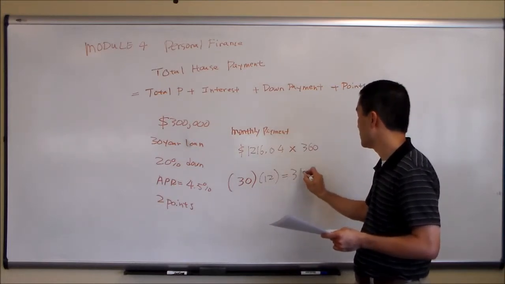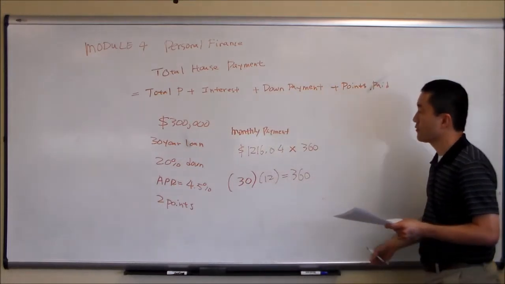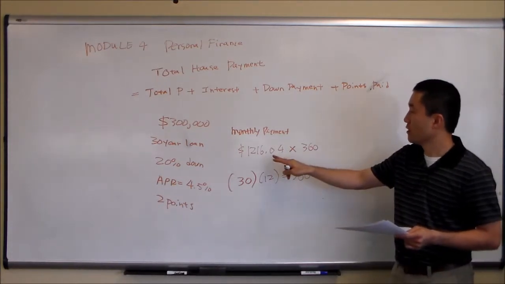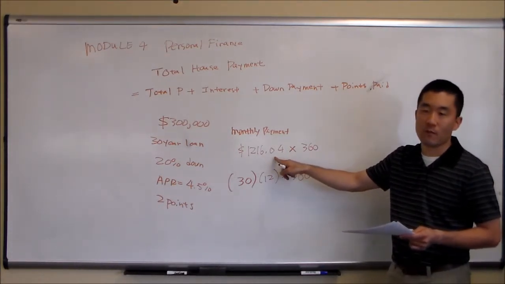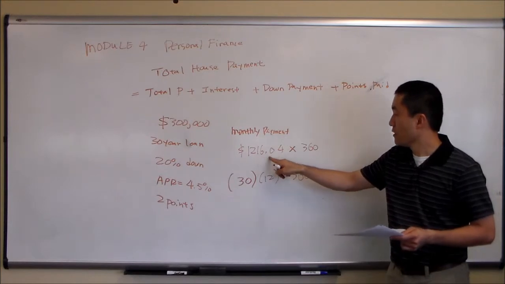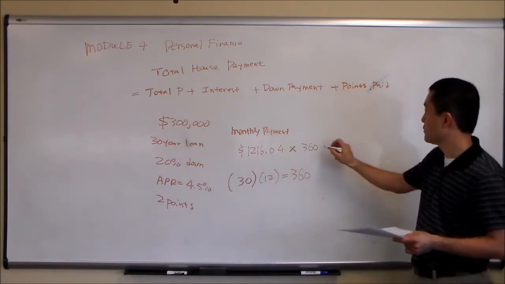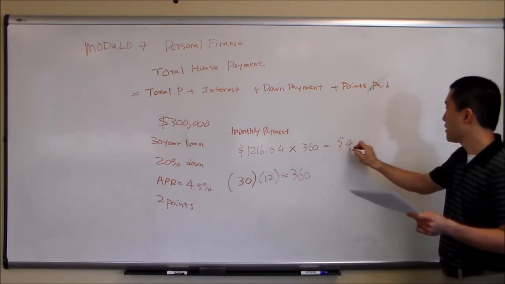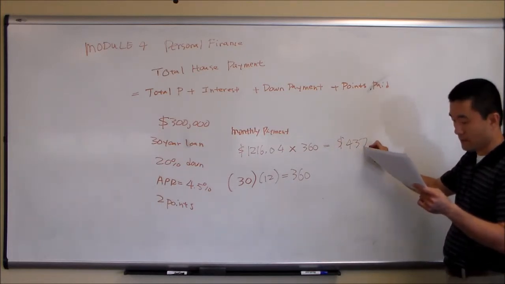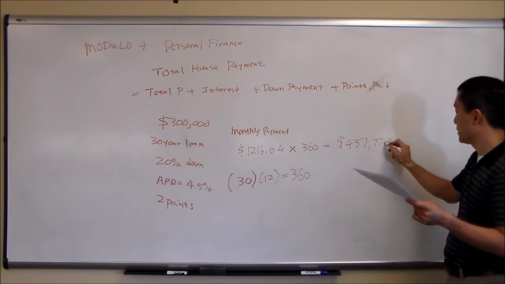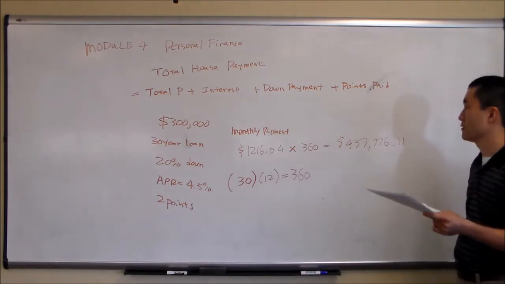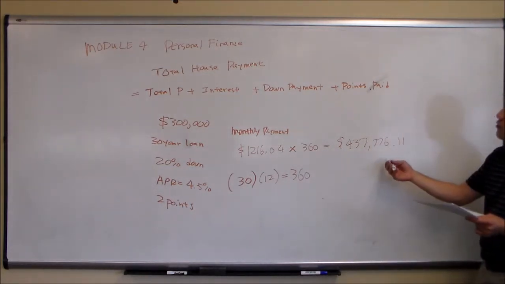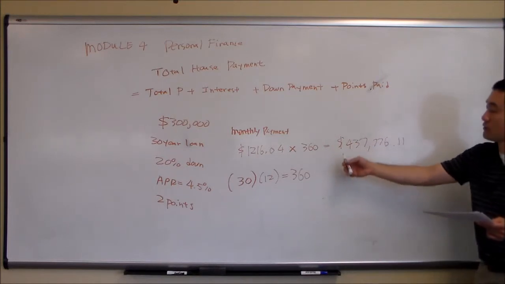So if your monthly payment includes your interest and principal payment, it's going to be this times this, which is 437,776.11 cents.